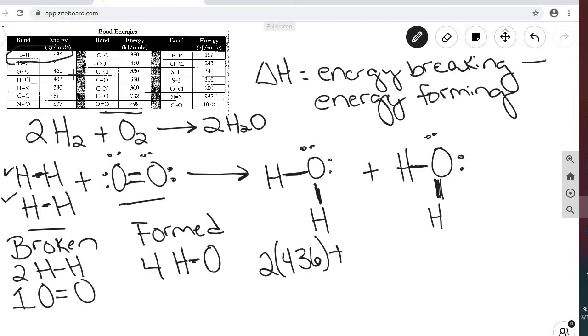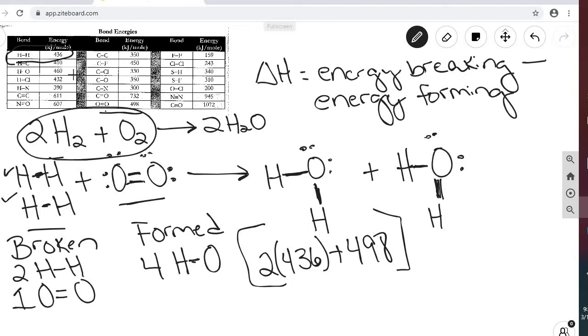That's going to take 498 kilojoules. That's the energy associated with breaking the bonds on this side of the equation. And then what we're going to subtract from that is the energy of forming. That means we have 4 hydrogen-oxygen bonds, and that's here. Each of those is 460. So it's going to be minus 4 times 460.